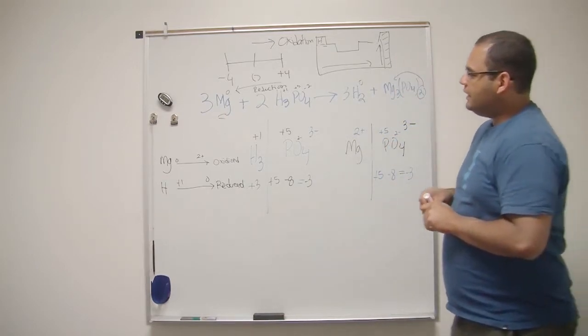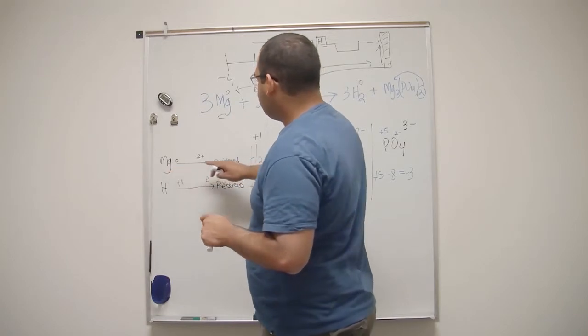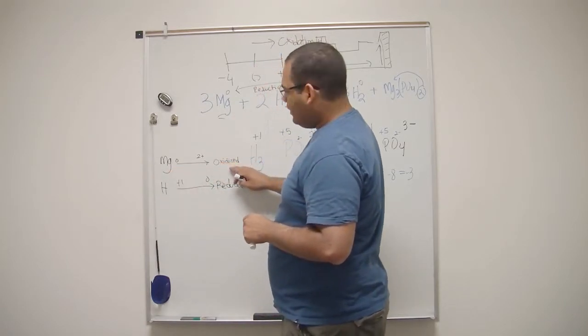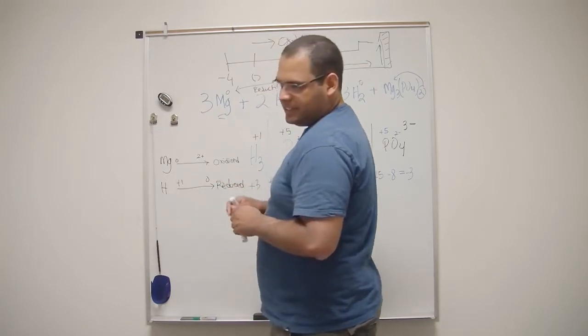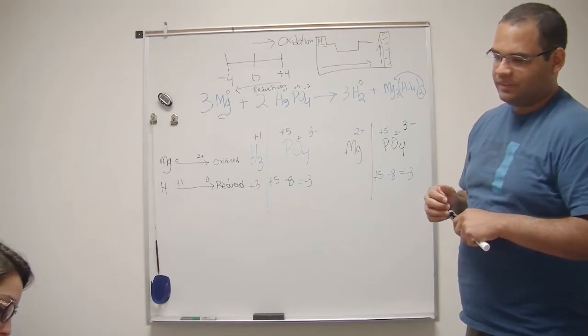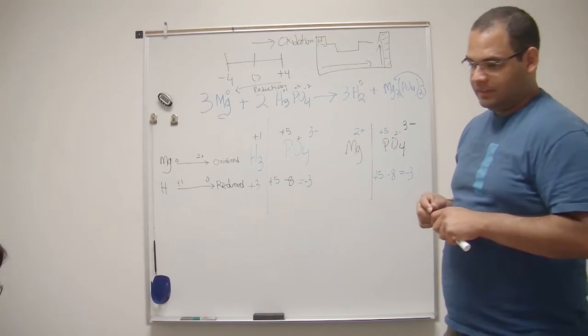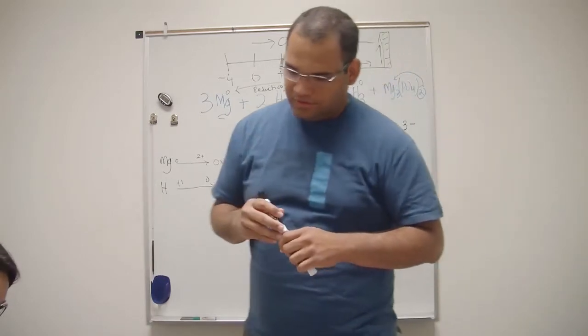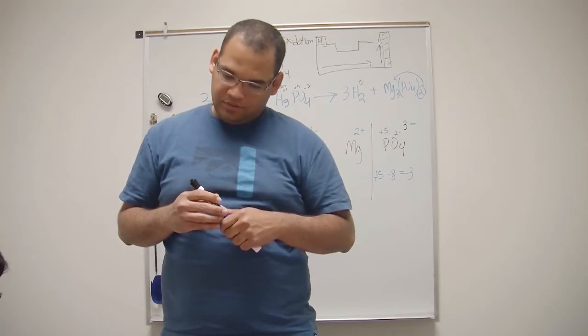So I know that this guy oxidized, therefore it is the reducing agent. And this guy reduced, therefore it is the oxidizing agent. They switch places. The oxidized one is the reducing agent, and the reduced one is the oxidizing agent.